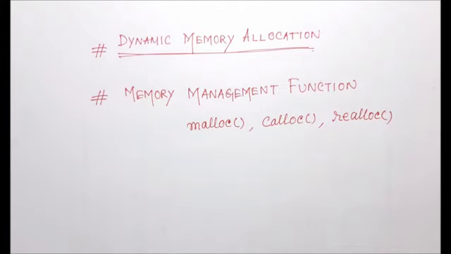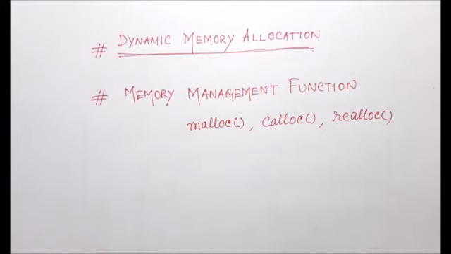We are already familiar with memory allocation, right? Memory allocation may be broadly classified as static allocation and dynamic allocation. Static allocation means the size of the memory required for the calculation must be declared before loading and executing the program.